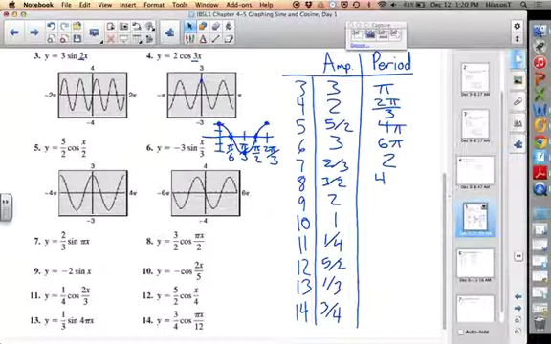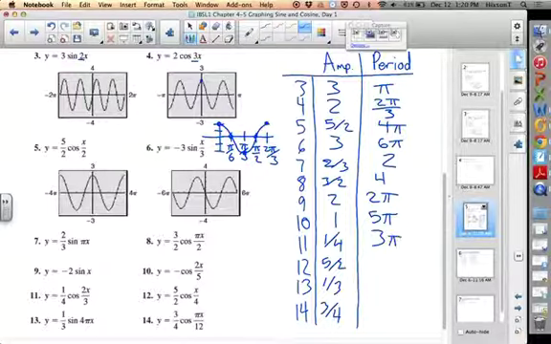Alright, so let's work through these. Number 9, what's our period? 2 pi. Yeah, it just stayed 2 pi. Number 10, 5 pi, alright? 5 pi. Number 11, 3 pi. 12? 8 pi.